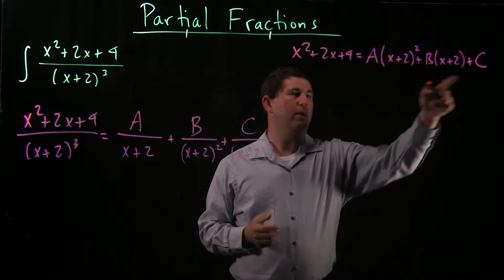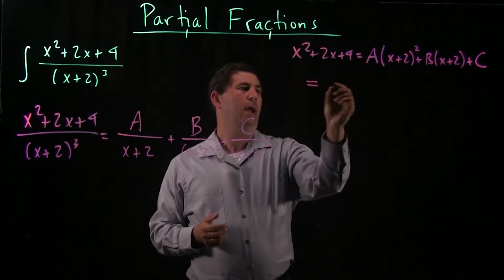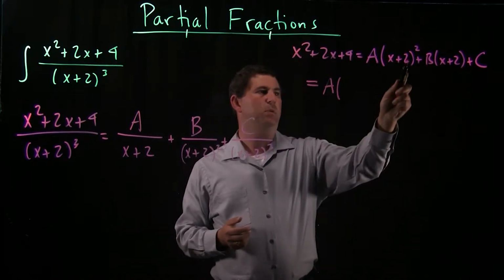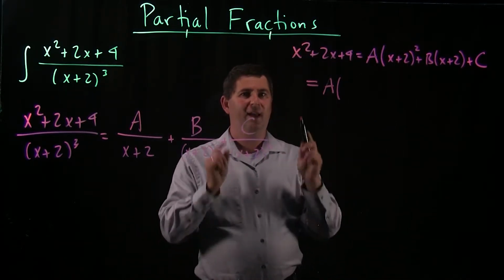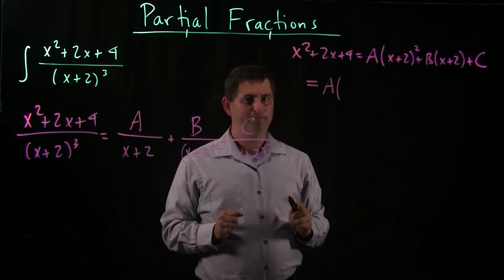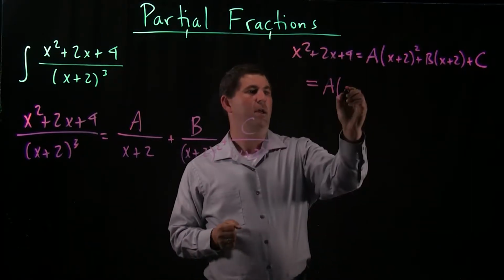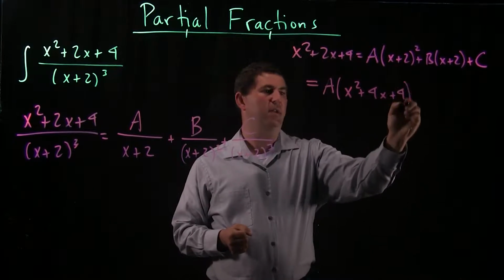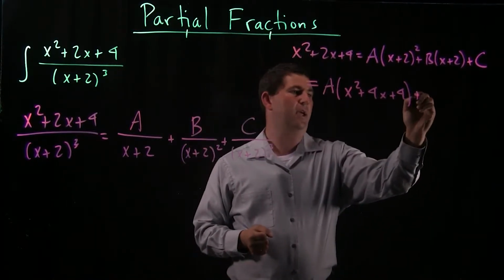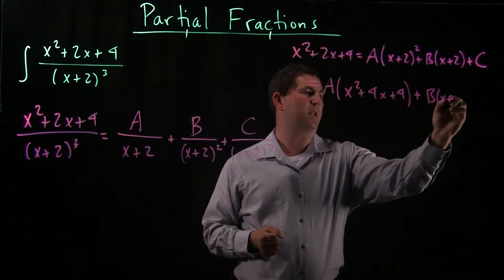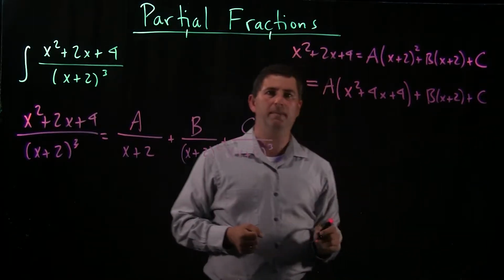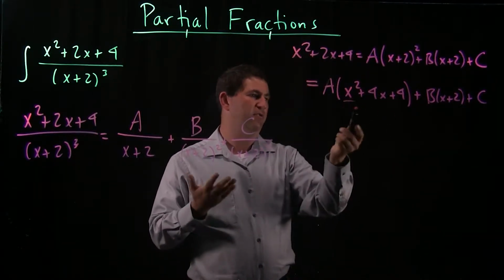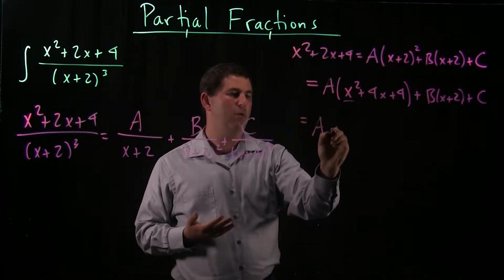Now we're going to distribute. And now, the first one, we have to be very, very careful. X plus 2 quantity squared, not x squared plus 4. There is a middle term in there. You need an x squared plus 4x plus 4. Plus, again, we have B times x plus 2 plus C. Let me find all my x squareds. Well, there's just the one, so I have A x squared.